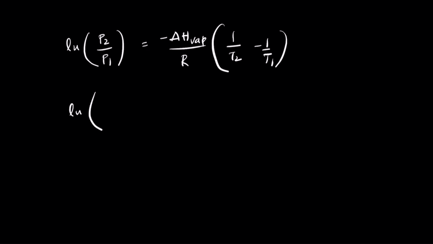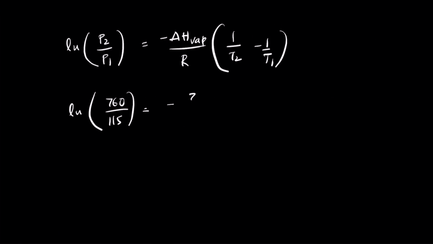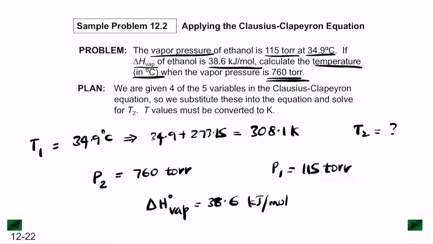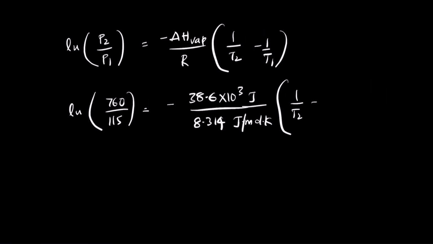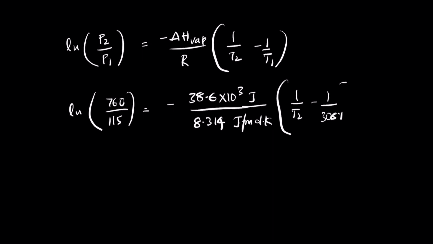So ln of 760 by 115 equals minus delta H vaporization, which is given as 38.6 kilojoule per mole, so this becomes 10 cube, by R, which is 8.314 joule per mole Kelvin, times 1 by T2, which is the value that we don't know, minus 1 by T1, which is 308.1.